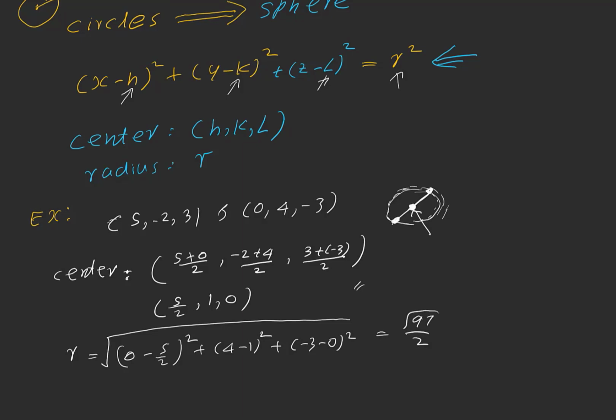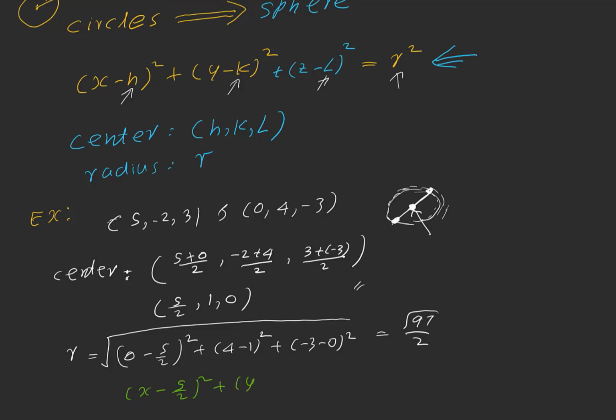Now we know the center and the radius. Therefore we can use the sphere equation. So that is x minus h. H is 5 over 2 squared plus y minus k.